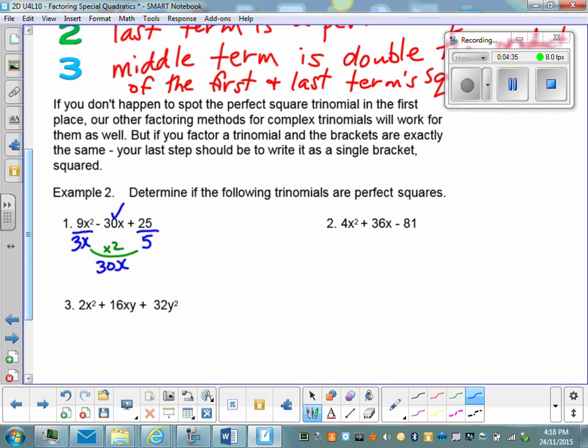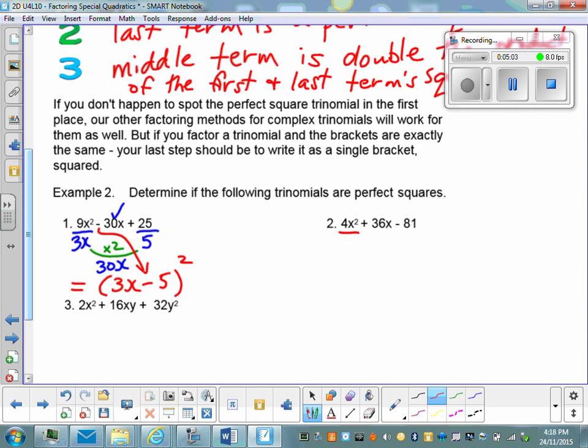And that's what I have in the middle here, so I know that it is a perfect square. So if I was factoring this, I would get 3x and 5 in the bracket squared. And the sign in the middle here is the same as the sign in the middle up there. So if I did 3x minus 5 in a bracket squared, that would be the correct factoring of that question.